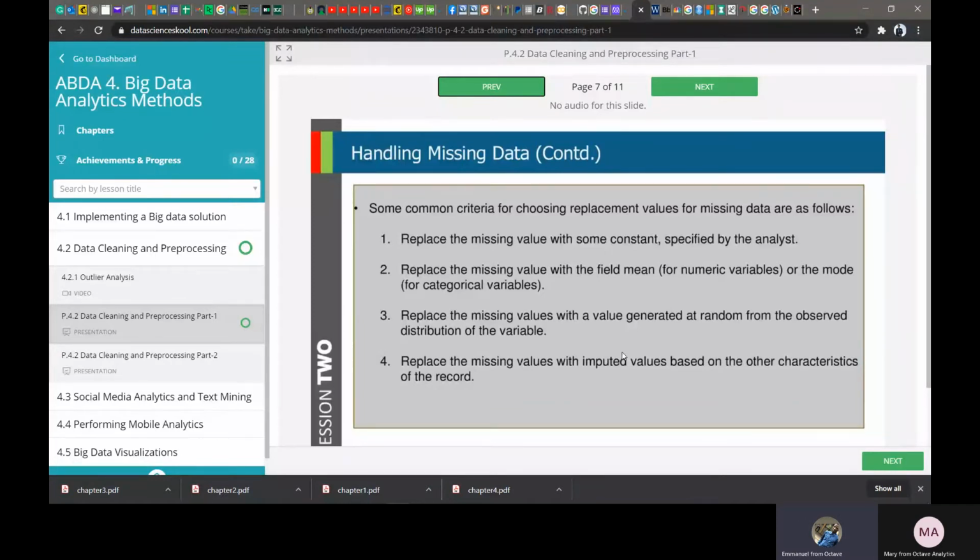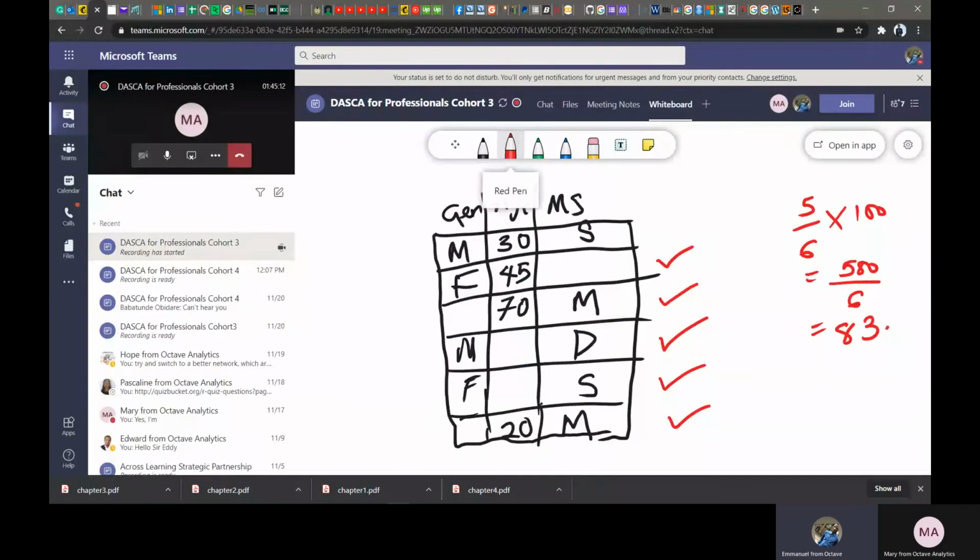Since I have 50% female and 40% male, the remaining missing 10% should be female too. So that comes to the idea of filling missing categorical values with the mode and missing numeric values with the mean. I'm coming back to this table that I showed here.